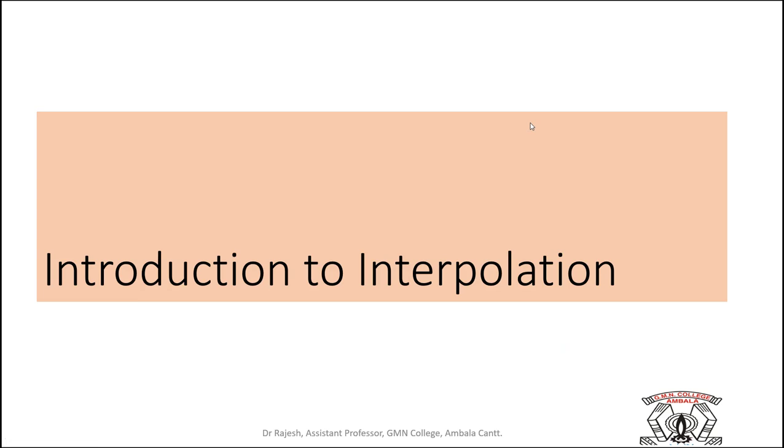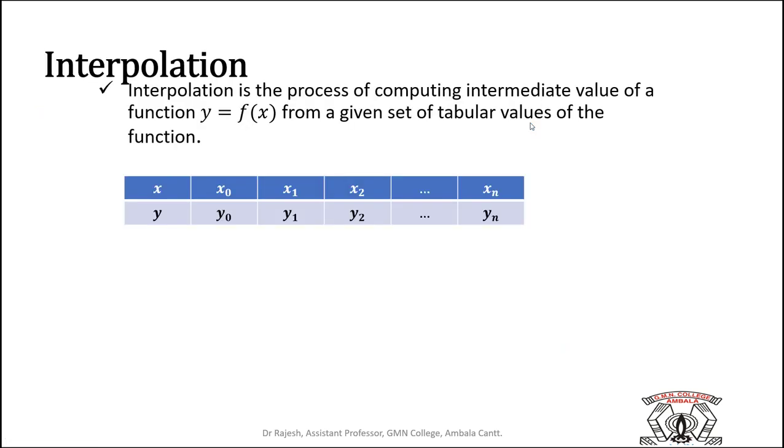Introduction to interpolation. Interpolation is the process of computing an intermediate value of a function y is equal to f(x) from a given set of tabular values of the function.